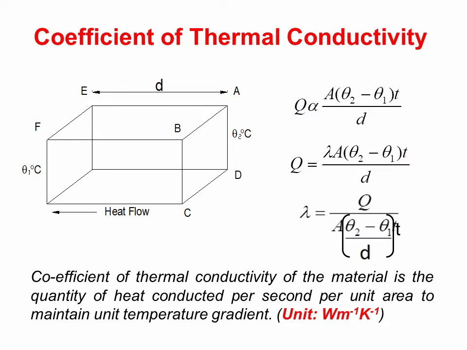Here W is watt, m is meter, K stands for Kelvin. W m inverse K inverse is the unit of coefficient of thermal conductivity. But this Lee's disk experiment has a specific formula. After applying the theory, it will be discussed in a separate video.